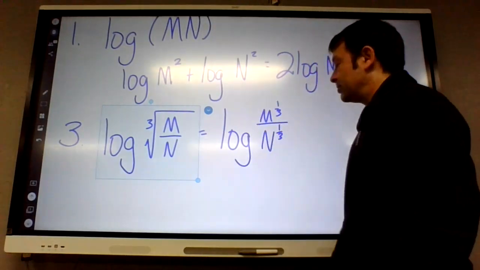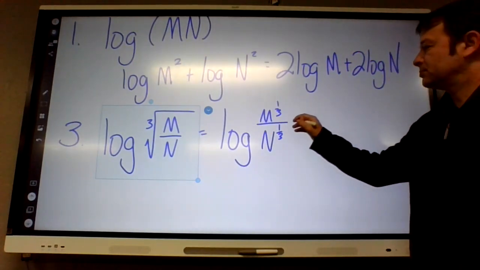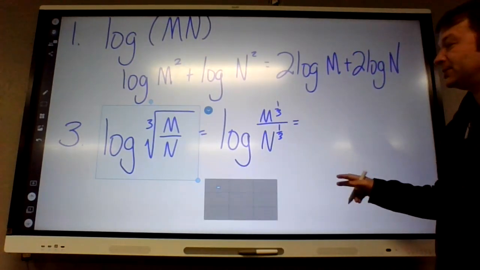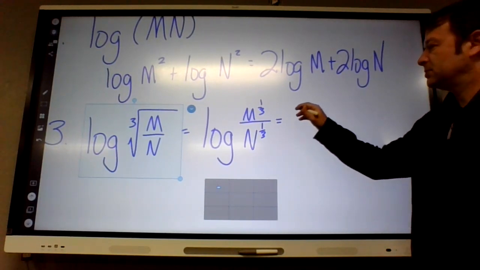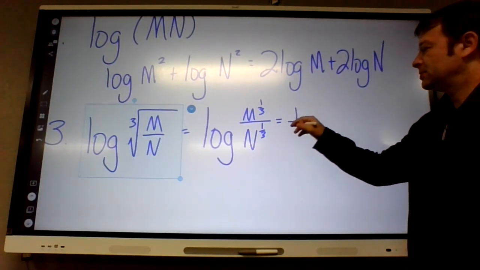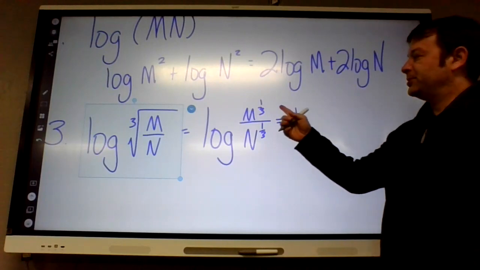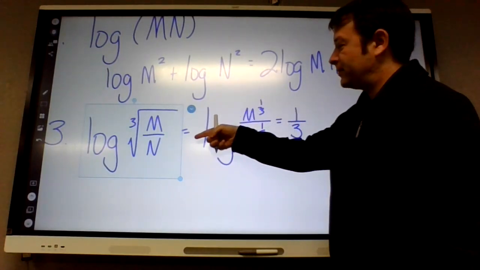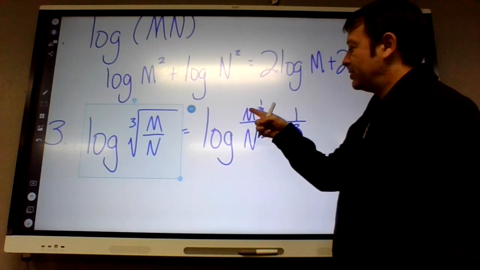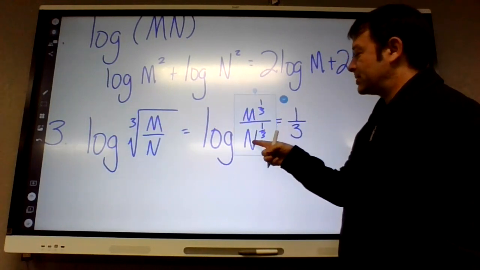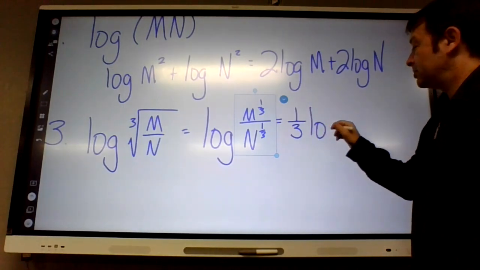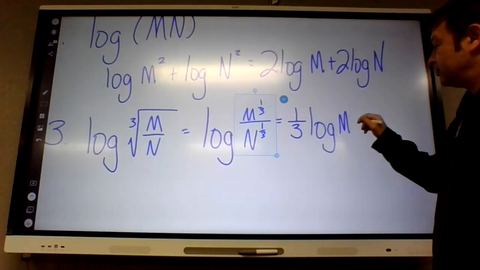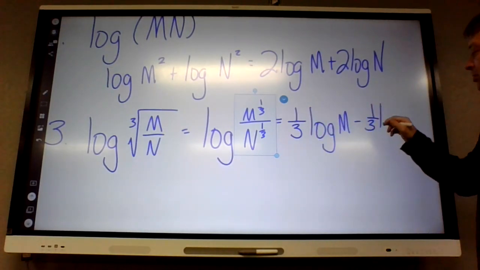Both of those are in the cube root. What's that going to change into? We're doing two things: moving 1/3 to the front, and then log of m minus log of n. So 1/3 log m minus 1/3 log n.